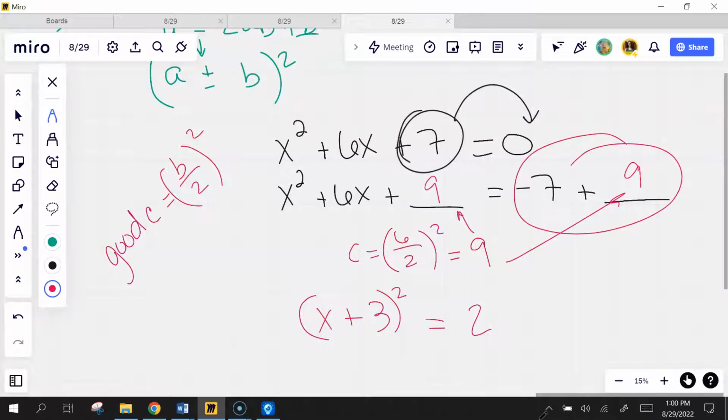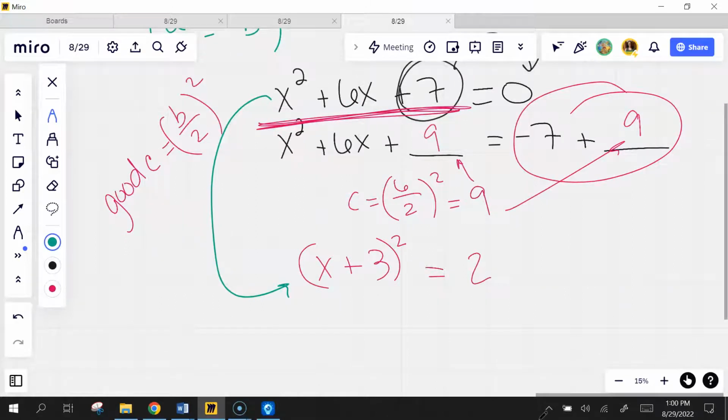But what if I wanted this in vertex form? Look how close it is now. Why don't I just move that 2 over? What's the vertex of that quadratic? -3, -2.